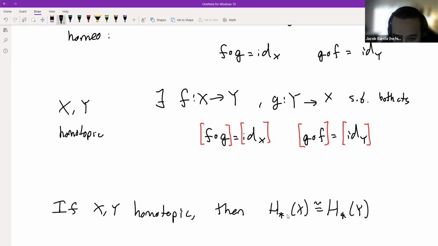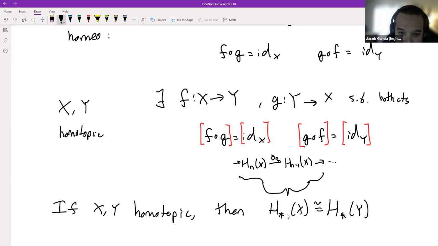So this object here is the entire chain H_n X, d_n, H_{n-1} X, right? That's what he means when he puts the star there. He means the entire infinite chain with repeated boundary maps throughout the entire thing. So when he says that this chain is the same as this chain, he's saying the groups are the same and the maps between those groups are the same.